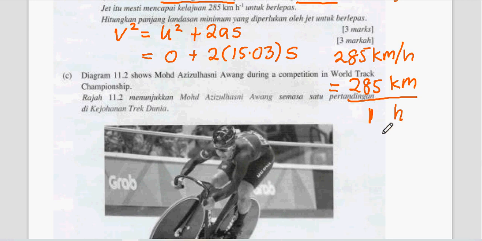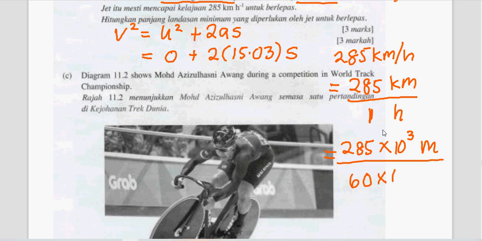Now we can change easily. 285 kilo is 10 to the power of 3, so now it is already in meter. 1 hour we have 60 minutes, 1 minute we have 60 seconds, so now it's already in second. So tekanlah calculator and you will get the answer as 79.17. Cikgu rujuk marking scheme.